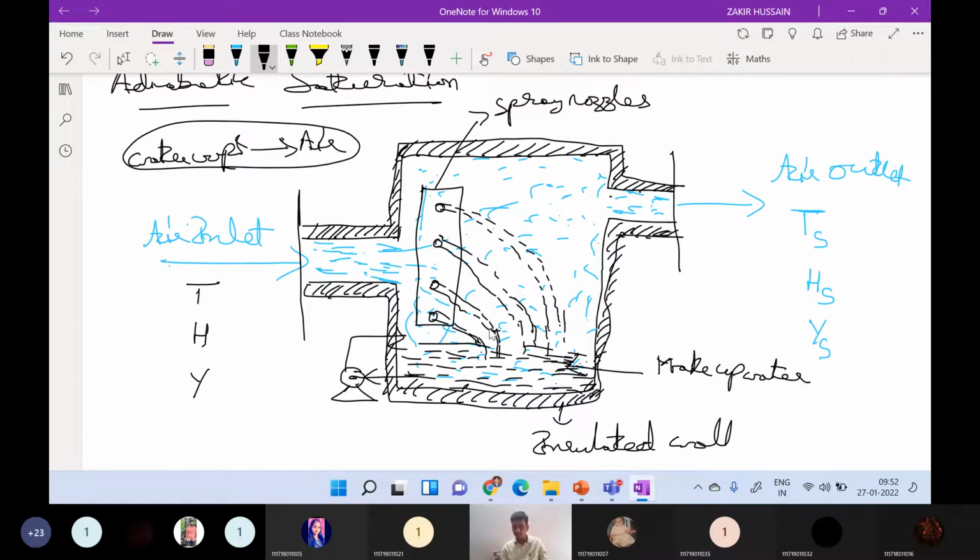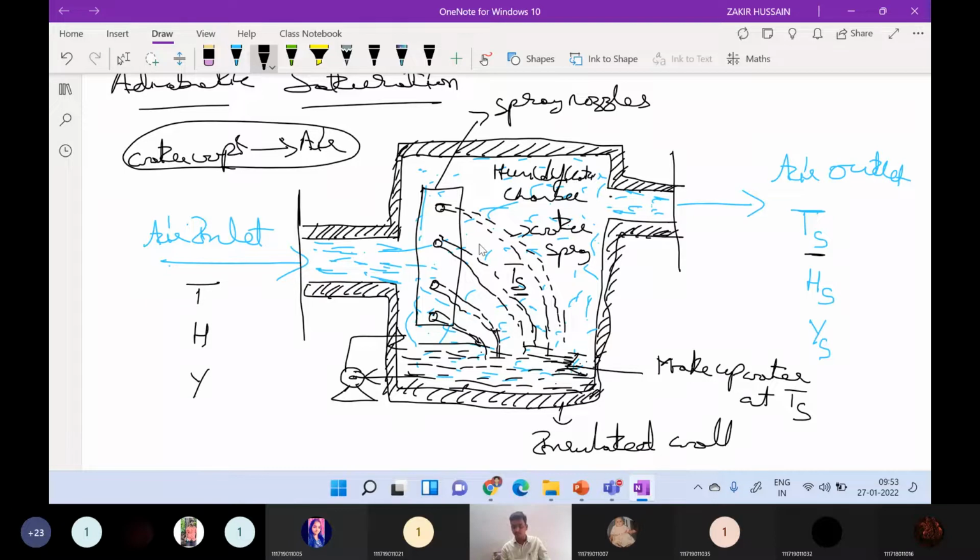So inside the chamber, the temperature will be Ts only, same as the outlet temperature, the adiabatic saturation temperature. In order to provide the same type of environment, same temperature as the inlet condition, we have to send this makeup water at the same temperature Ts. So this is the entire humidification chamber. These are the water sprays.